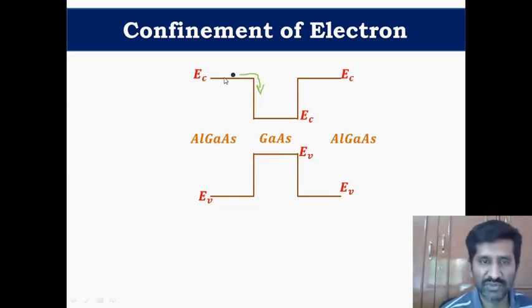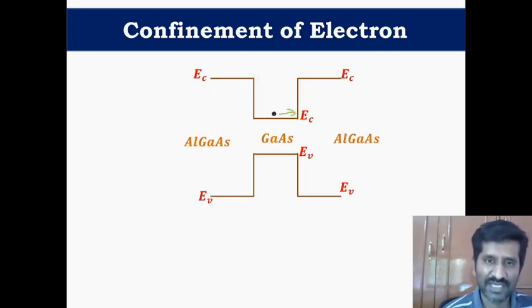One electron is moving towards the positive x direction from aluminum gallium arsenide as shown in this figure. Once it finds the gallium arsenide interface, since energy suddenly falls down, the electron goes to the lower energy, that is the lower energy of the conduction band of gallium arsenide. Then again it moves in forward motion.